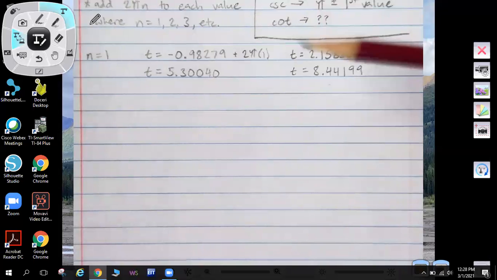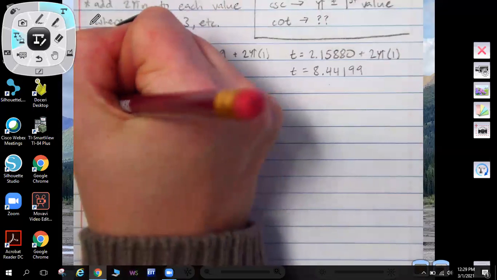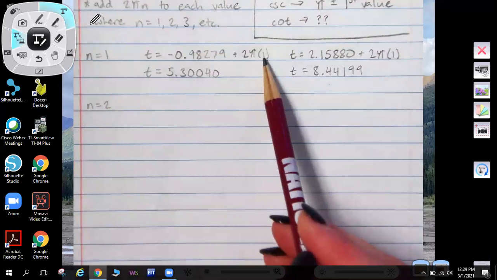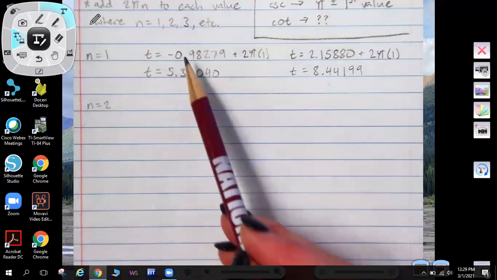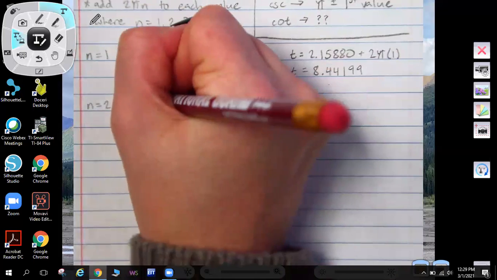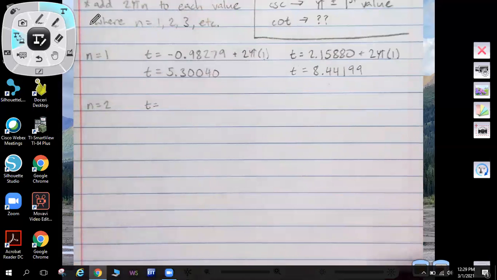Okay, from here, if we were to set n equal to 2, what that's going to do is put a 2 where this 1 is. We might still could get it. Let's just test it. I'm trying to decide if it's going to be within our interval of 0 to 10, but I can't really decide. So let's just test it.